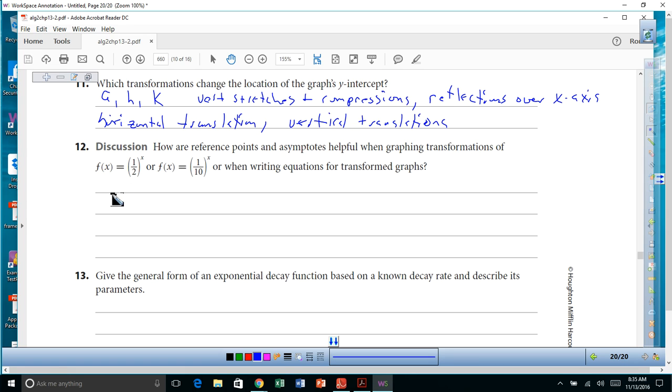Well, the reference points are (0, 1), which becomes (h, a plus k), extremely helpful, and (-1, 1 over b), which becomes (h minus 1, a over b plus k).